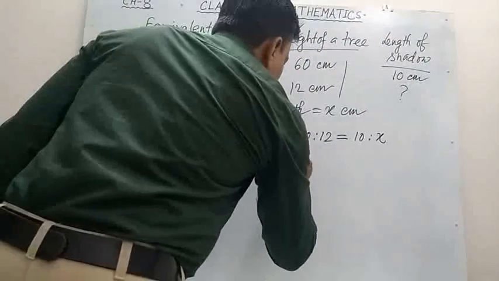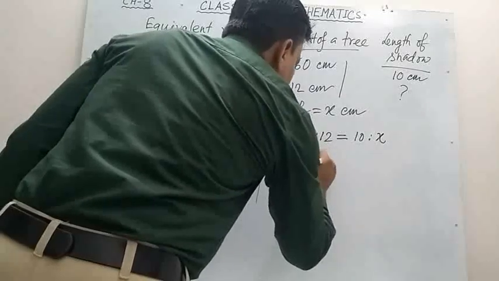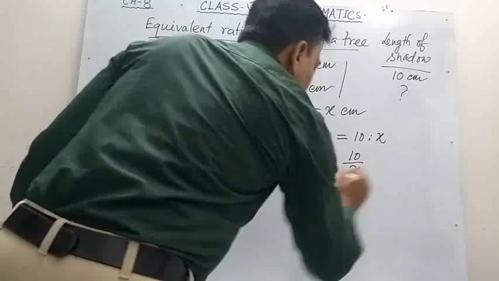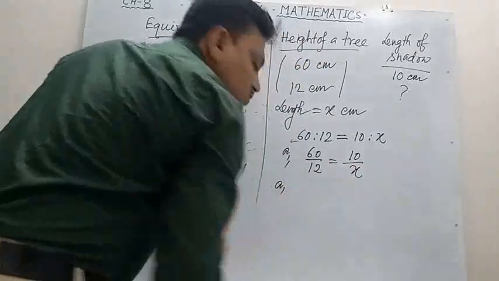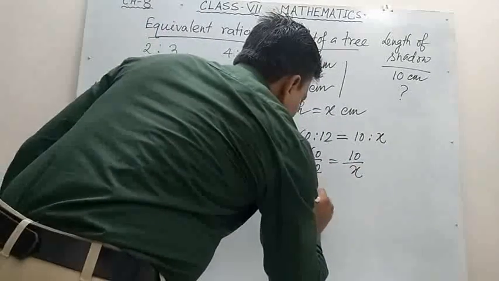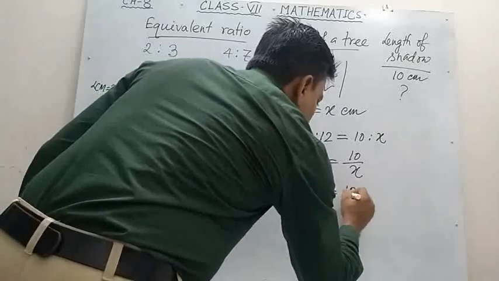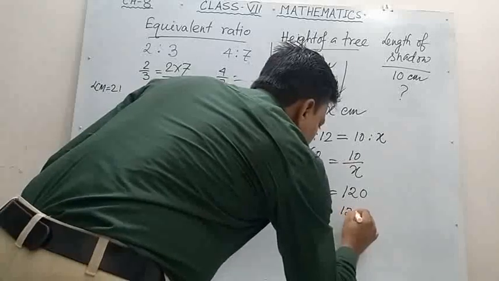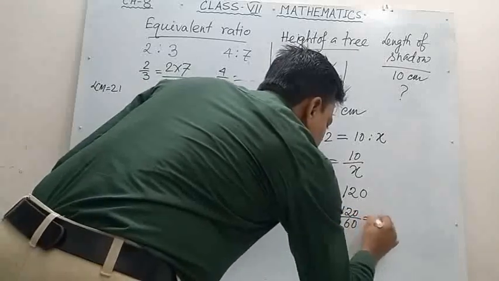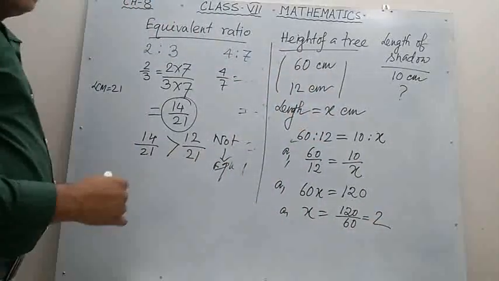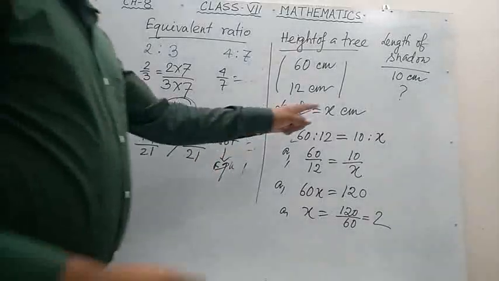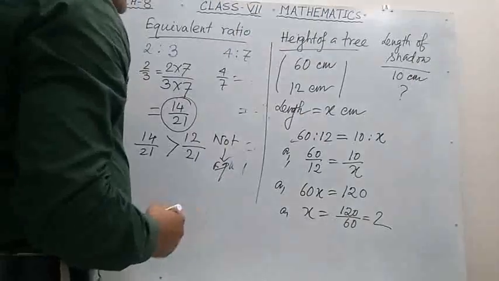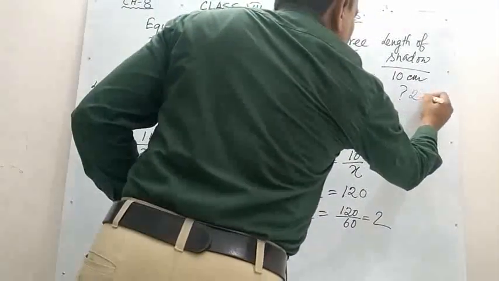Now if you solve it, 60 by 12 equals 10 by x. Now if you cross multiply, 60x equals 120, or x equals 120 by 60 equals 2. Therefore, the length of the shadow of the second tree is 2 centimeter.